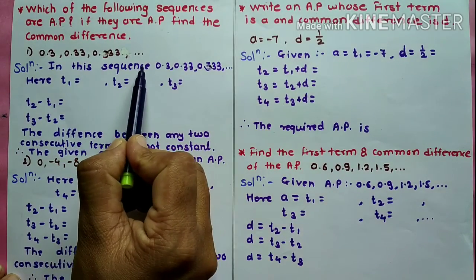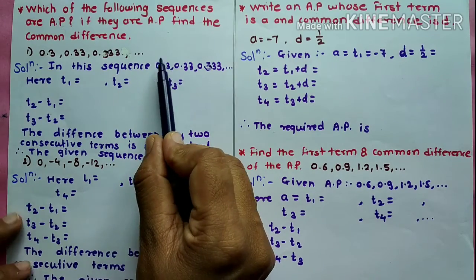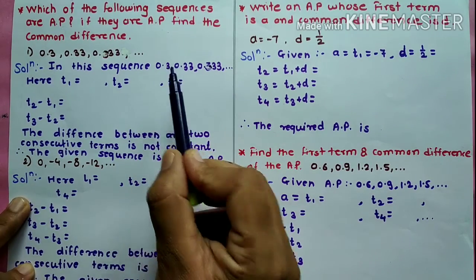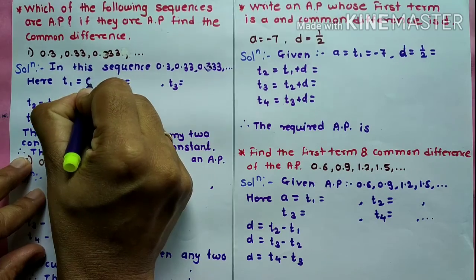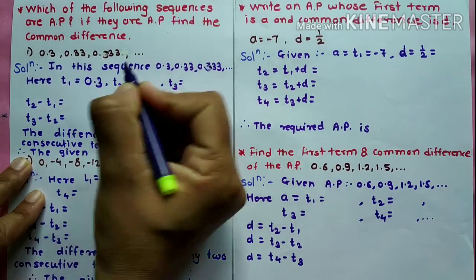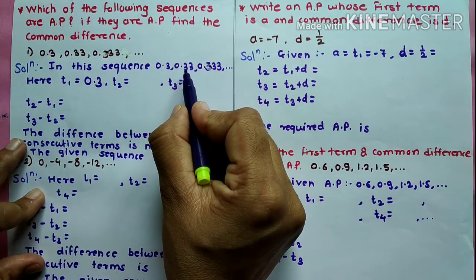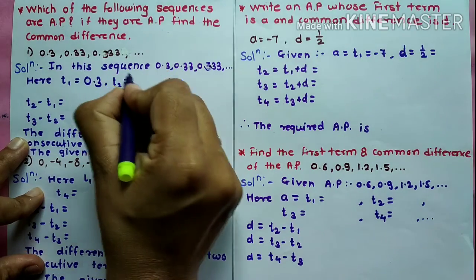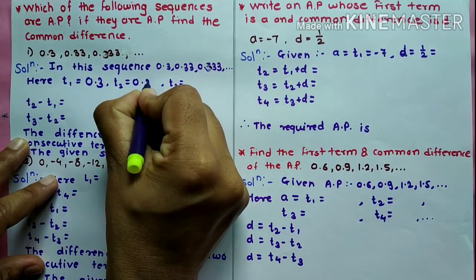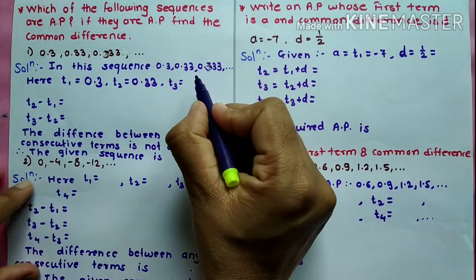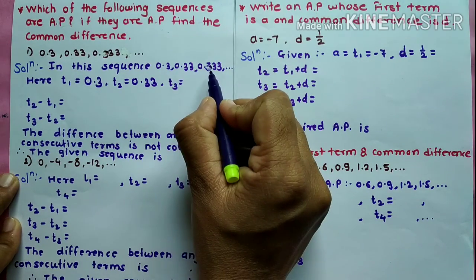In this sequence, here T1 is 0.3. T1 means first term 0.3. T2 is second term, therefore T2 equal to 0.33. Next, T3 means third term.